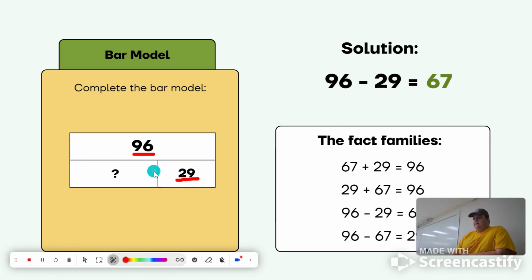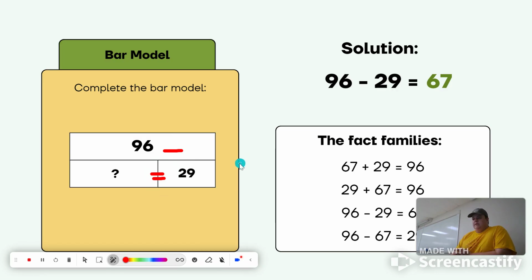So this tells me that I'm adding the smallest number in the given equation to something to get 96. So, given that information, we're going to see that you have 29 plus something equals 96. So let's flip that around a little bit and do 96 minus 29 equals something.